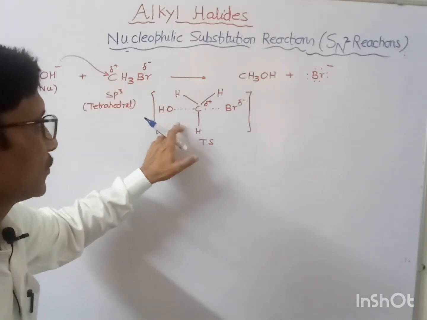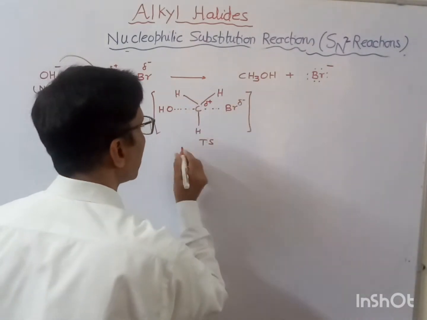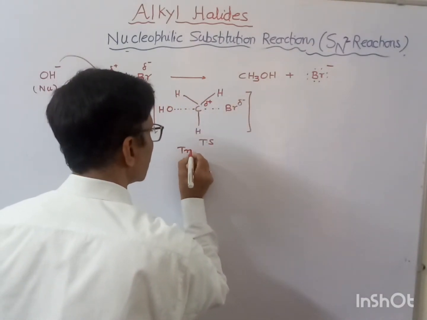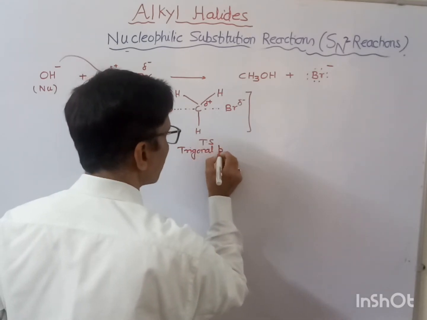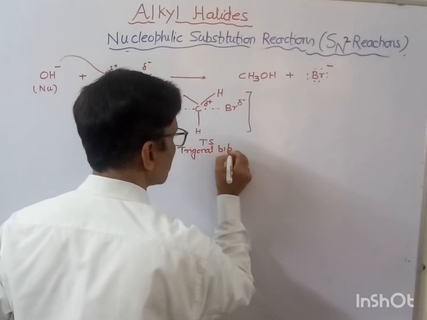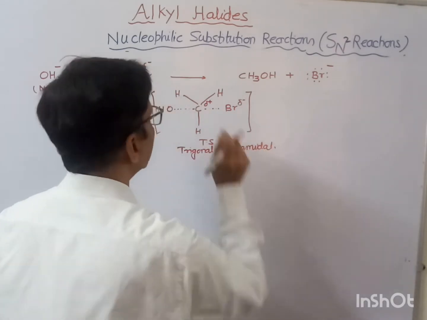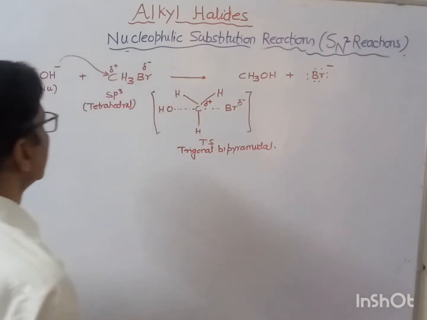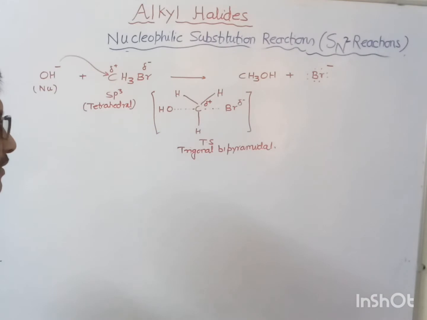The transition state formed here is 5 coordinated. So this transition state is of trigonal bipyramidal shape. And finally, the product which is formed is again sp3 hybridized.